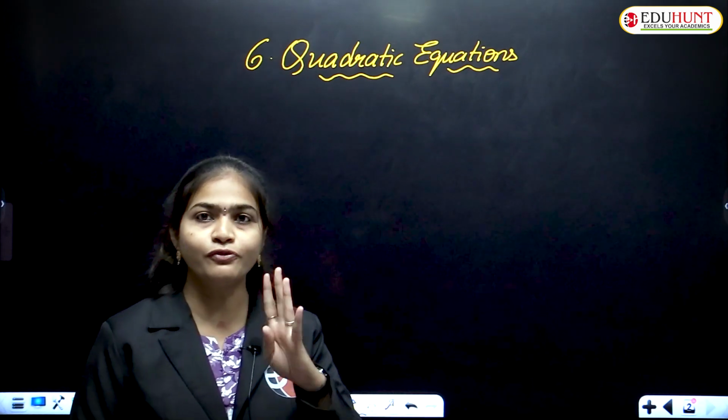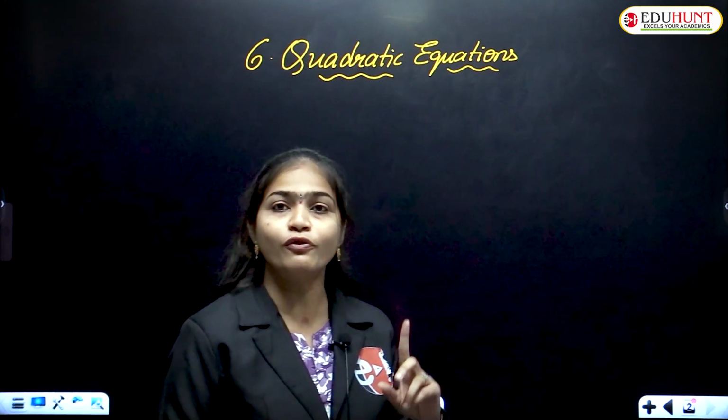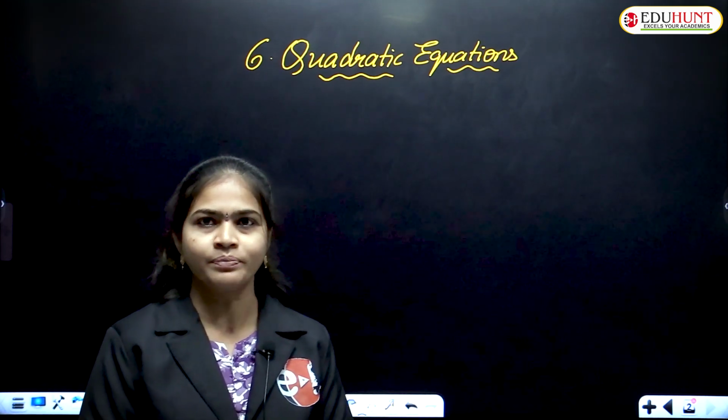Here we have 4 methods. How many methods are there? 4 methods are there to find the roots of a quadratic equation. Am I clear?